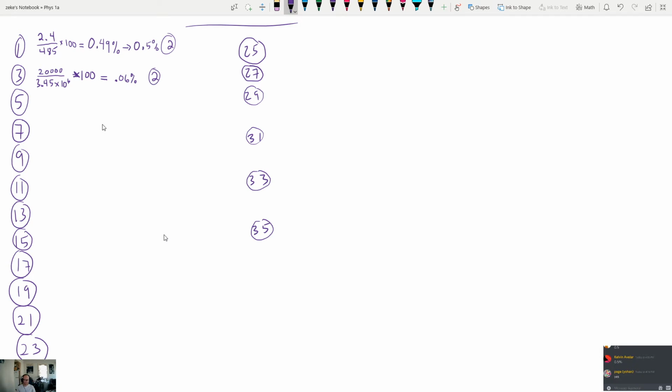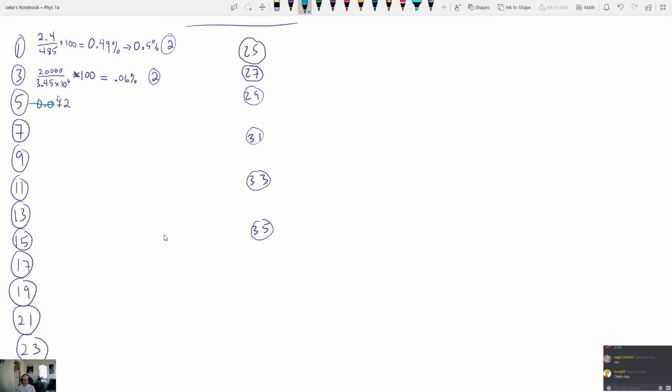All right, number 5. This one, we just need to give the number of significant figures in each measurement. So the first one in number 5 is 0.072. I don't know how you learned this before. When I was in school, one of the methods they always taught us is that if there's a decimal, you take an arrow and draw it in this direction until you run out of zeros.